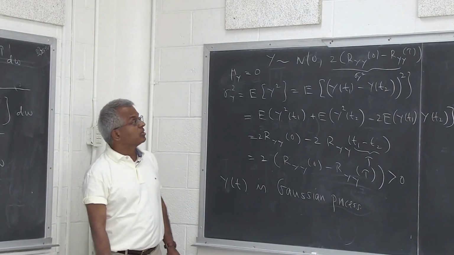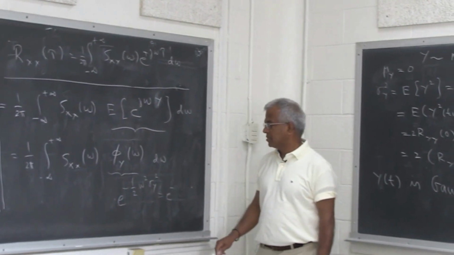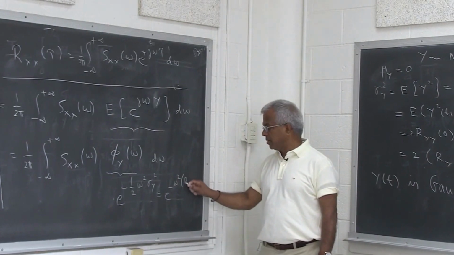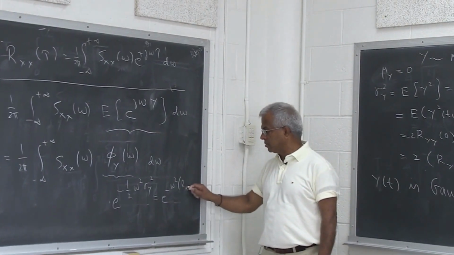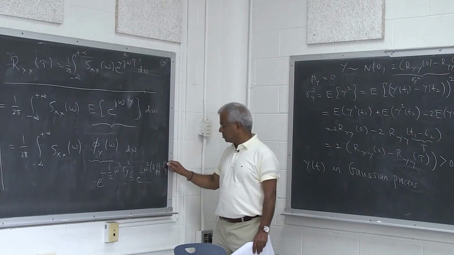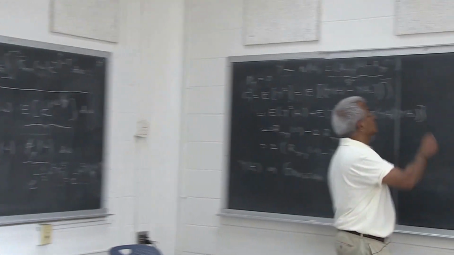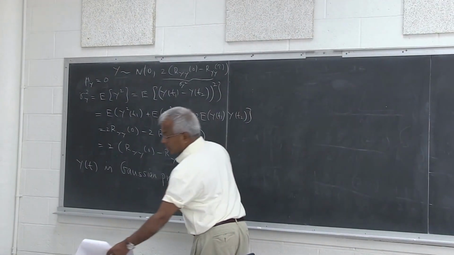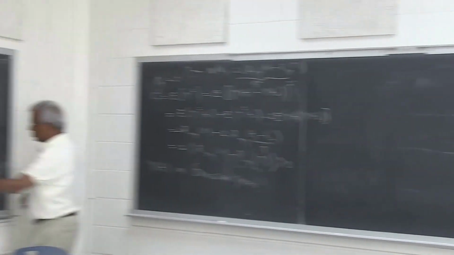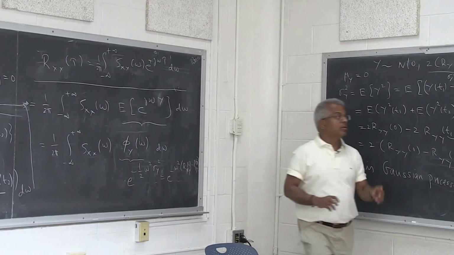If I substitute for sigma_y squared, this is e raised to minus omega squared multiplied by (R_yy(0) minus R_yy(tau)). So, to summarize, in this case it is pretty clear: this expression only involves tau.